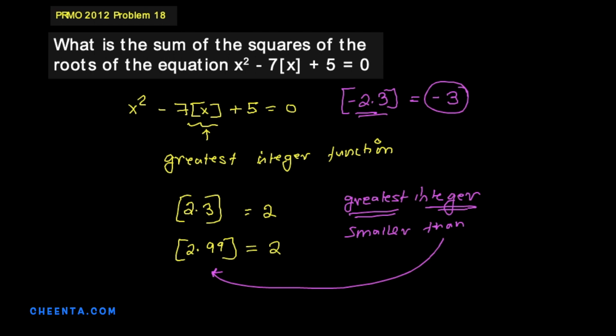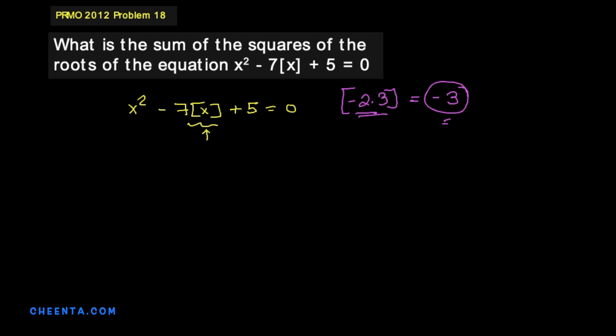Of course, the meaning is the same, and if you think carefully, that's exactly what you'll get. Negative 2.3, if you box it out, you will get negative 3, which is the greatest integer smaller than negative 2.3.